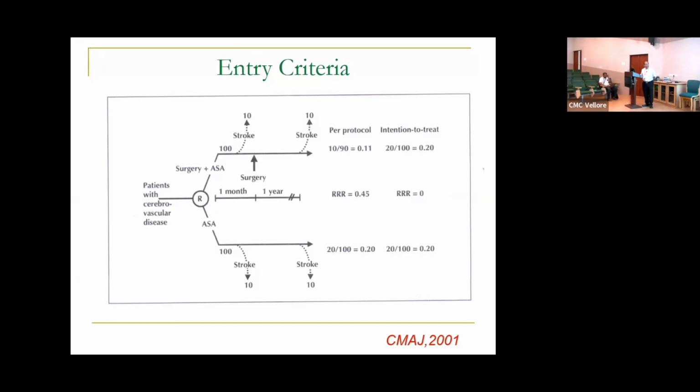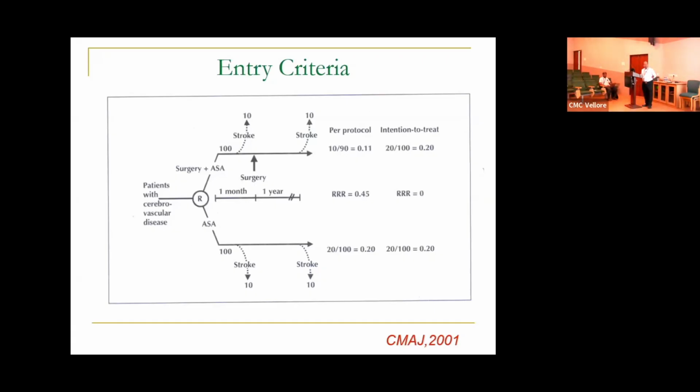On the other hand, in the per protocol analysis, only 90 received this intervention, and of them 10 had a stroke. Is that right? Per protocol analysis, as treated: the 10 developed stroke prior to that intervention, therefore they were not included in the denominator.